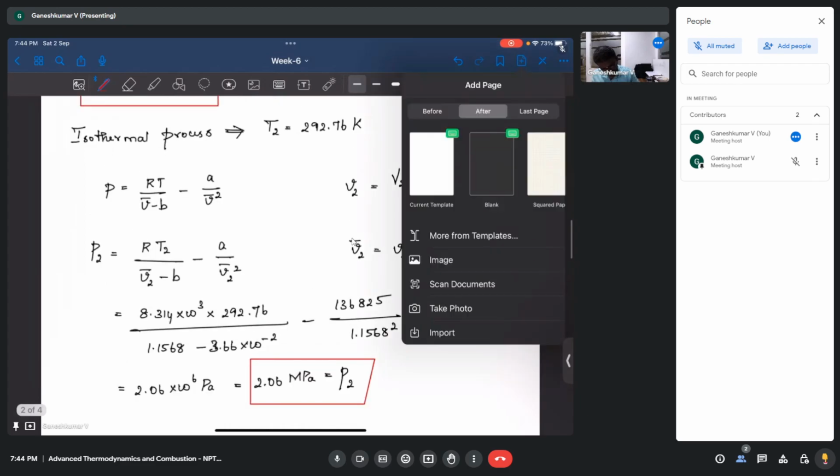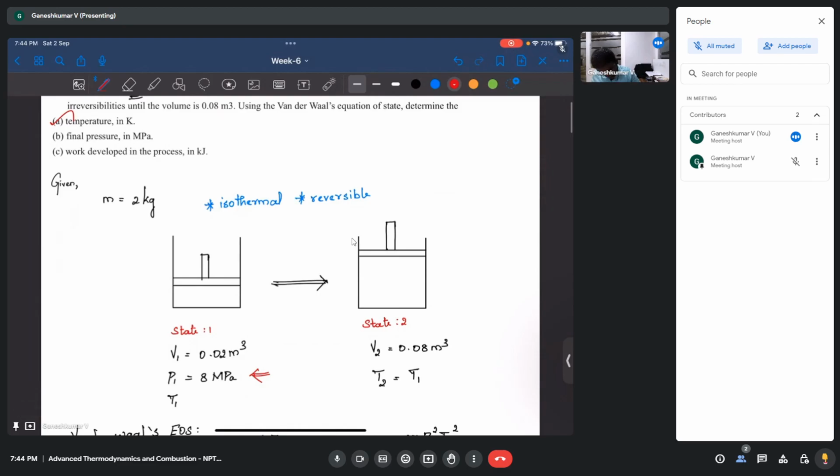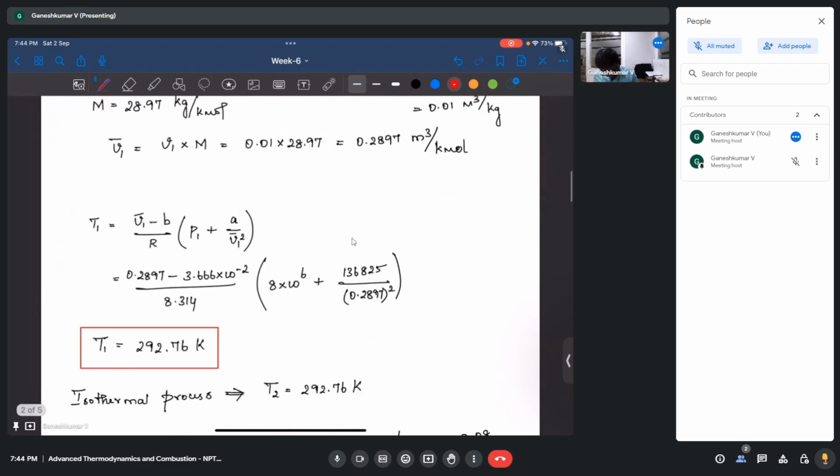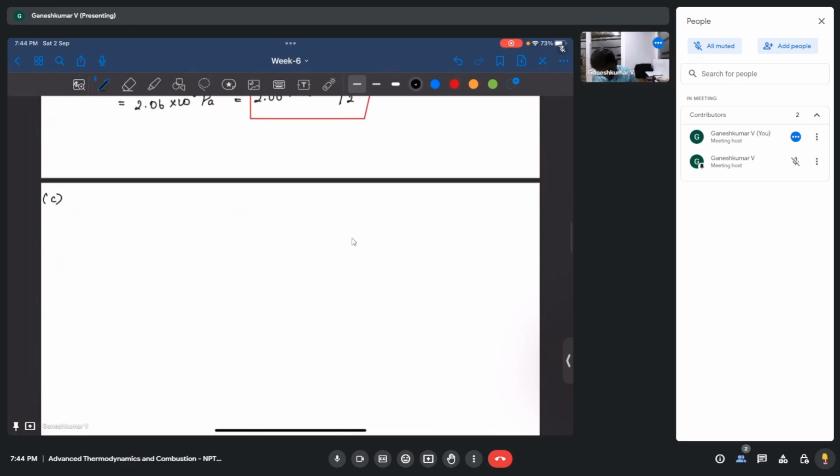Okay. Now let's try to answer the final question, which is what work is developed in the process in kilojoules. What is the work developed? See, work is nothing but the integral of PdV from 1 to 2.